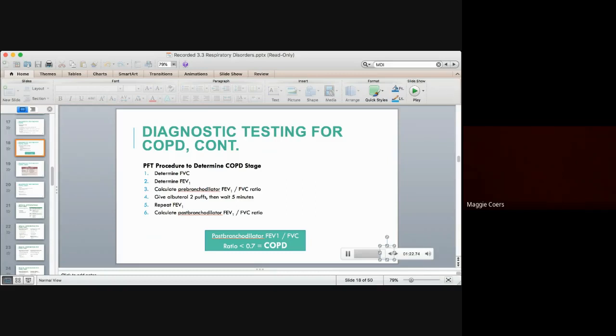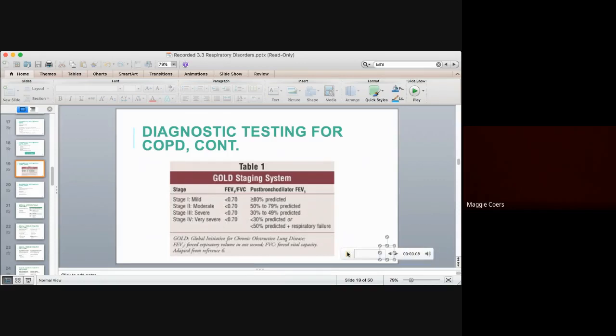Okay, so it's a ratio of actual air breathed out compared to how much air should be breathed out. So here's the staging system used in diagnosing the stage of COPD using those FEV1, FVC ratios.